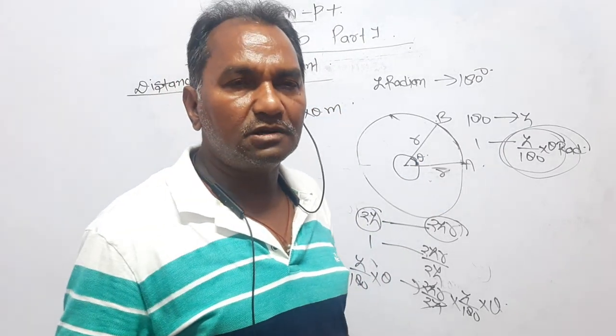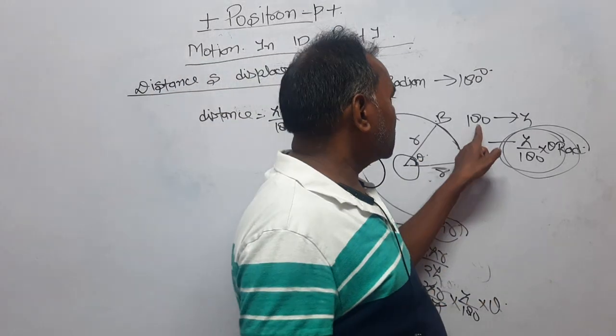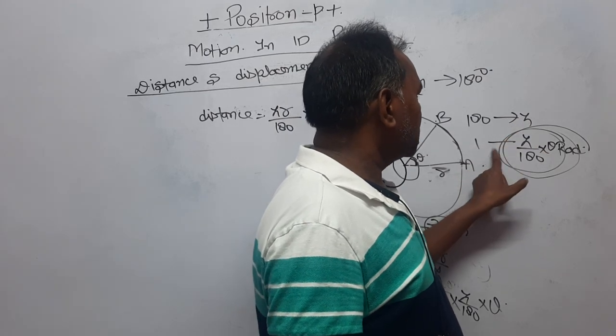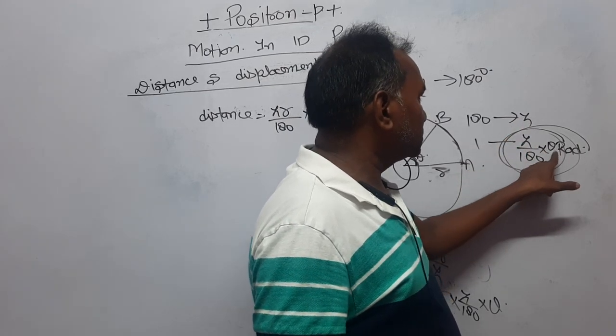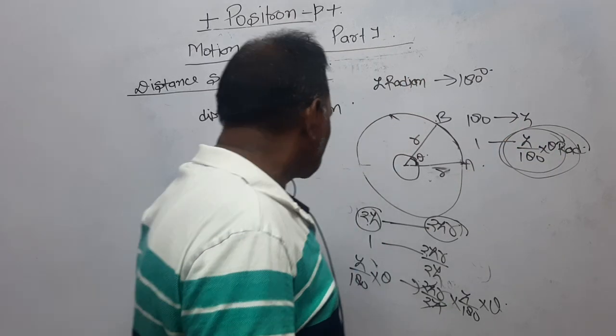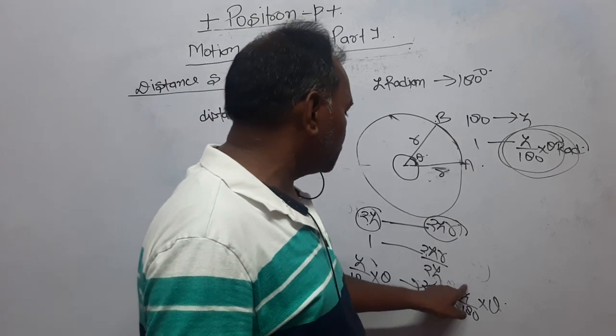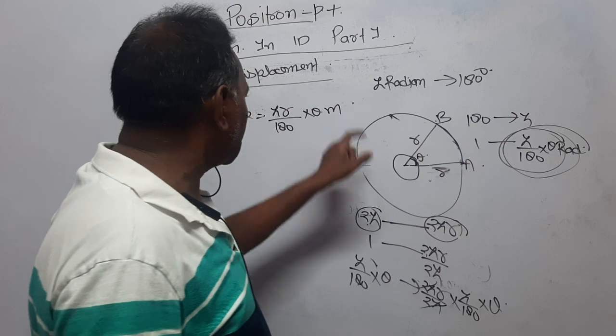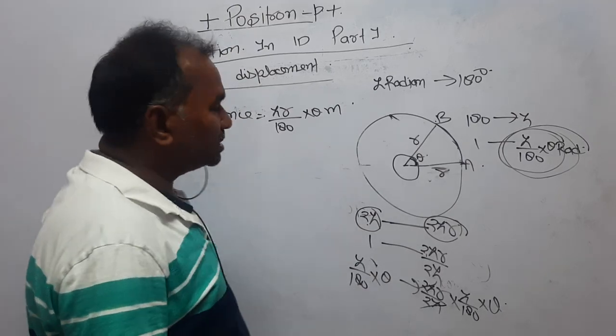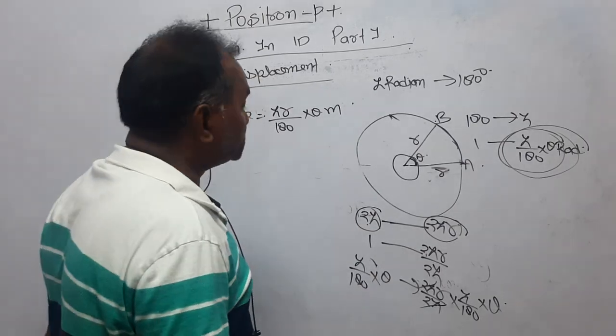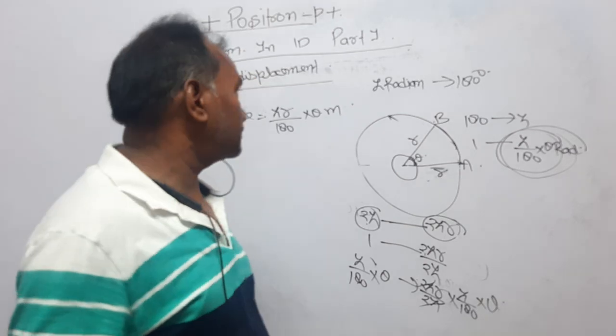Now you have to convert this into radian, and 180 degrees is pi, so 1 degree is pi upon 180, so theta degrees is that much radian. So for that radian, how much distance will be covered? That is r into pi upon 180 into theta, that is pi r upon 180 into theta. Now dear students, this is the distance you have found.